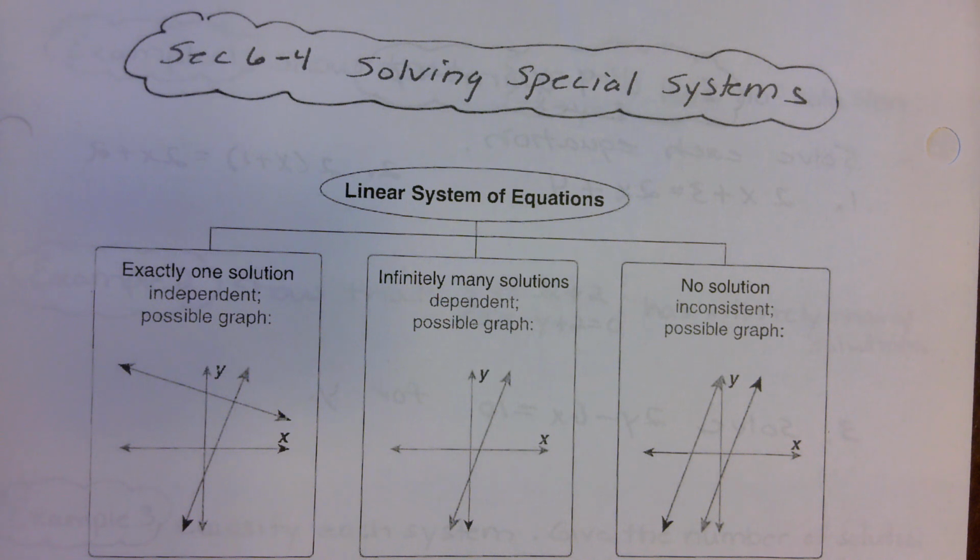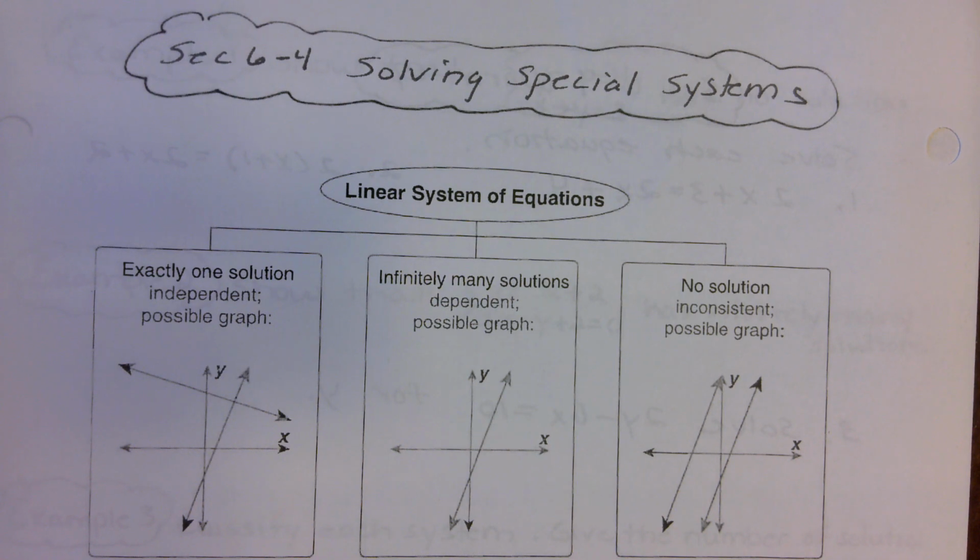We've talked about using substitution to solve to get the coordinate that they cross at, and using elimination to solve and see what the coordinate is that they cross at. So today we're just talking specifically about classifying some of these different types of linear equation systems. Okay, so let's take a look.